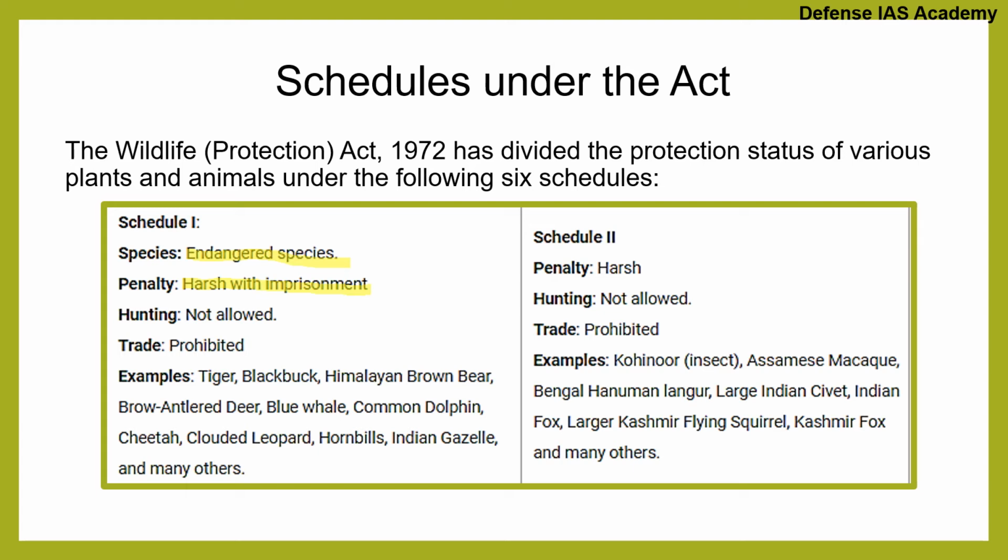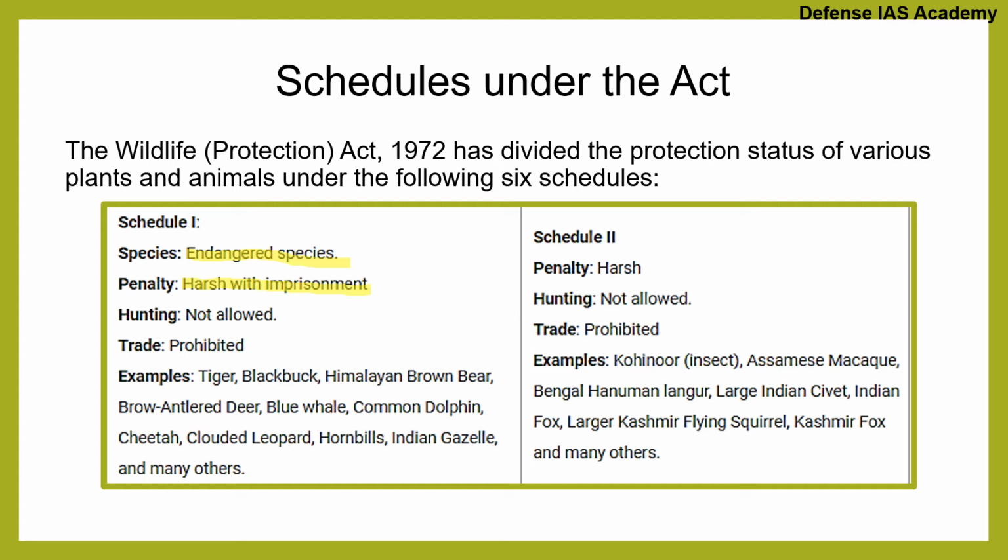And hunting is strictly not allowed and trading is prohibited, and some of the animals that are granted protection under Schedule 1 include the tiger, black buck, Himalayan brown bear, brow-antlered deer, then the blue whale, the common dolphin, cheetah, clouded leopard, hornbills, Indian gazelle, and many others.